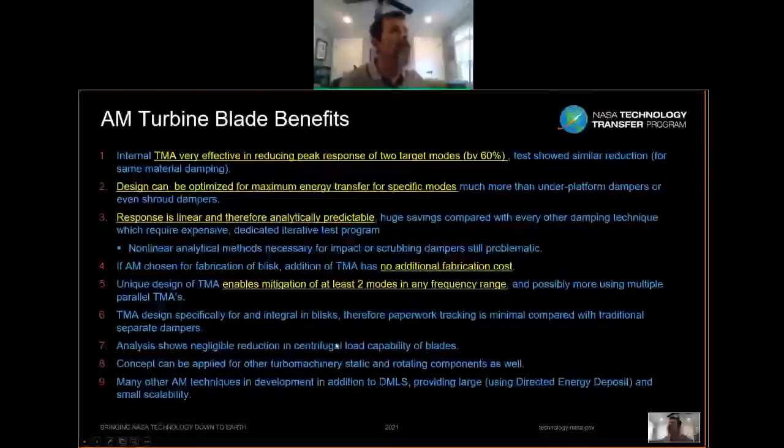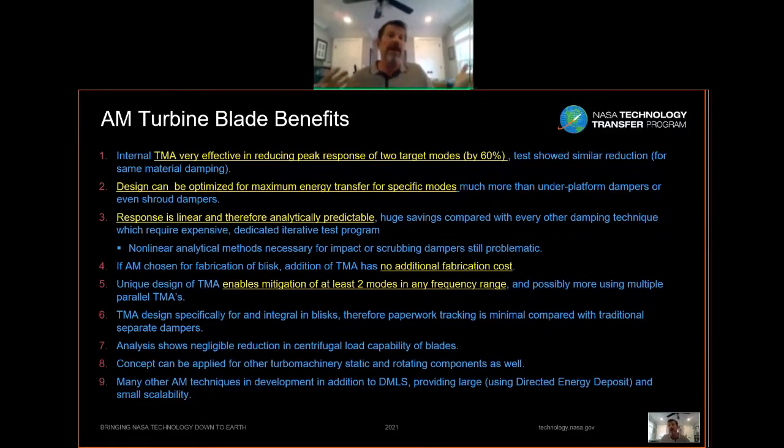So what are the benefits of this additively manufactured turbine blade tuned mass absorber concept? Well, the internal tuned mass absorber is very effective at reducing the peak response by up to 60%, and the test showed a similar reduction. So that's what you're trying to do.